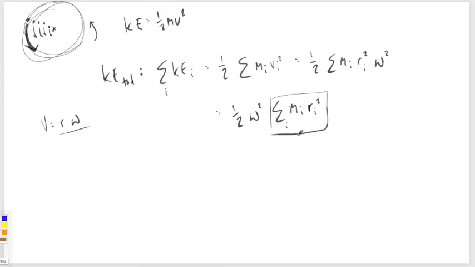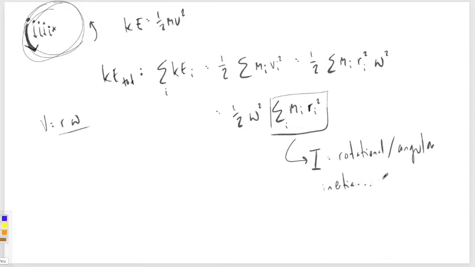So this term right here is really important. It ends up being called capital I, and that stands for rotational or angular inertia.